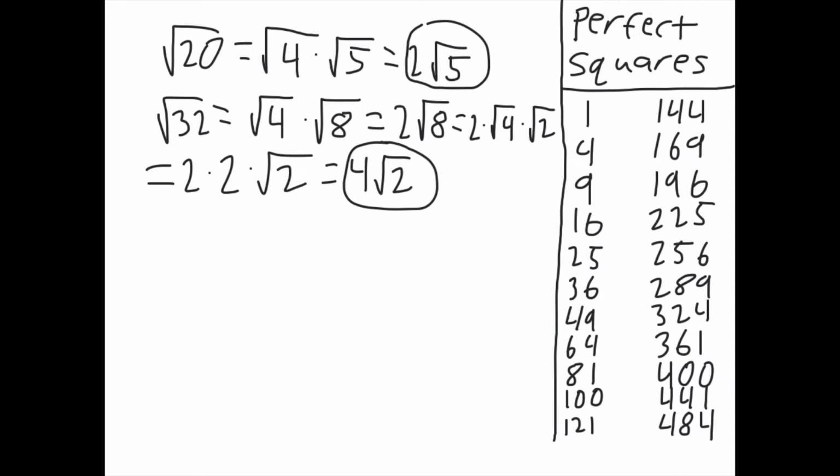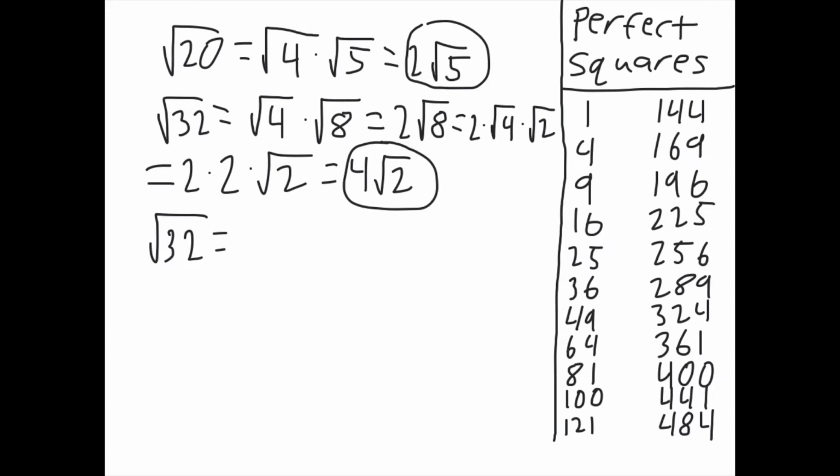Now, like I said, there's another way you can do this. So you look through, 4 works. 4 is a perfect square you can take out of 32. However, there might be a bigger one. 9, no, that doesn't work. 32 doesn't divide by 9. 9 isn't a factor of 32. 16, though. 32 divided by 16 is 2.